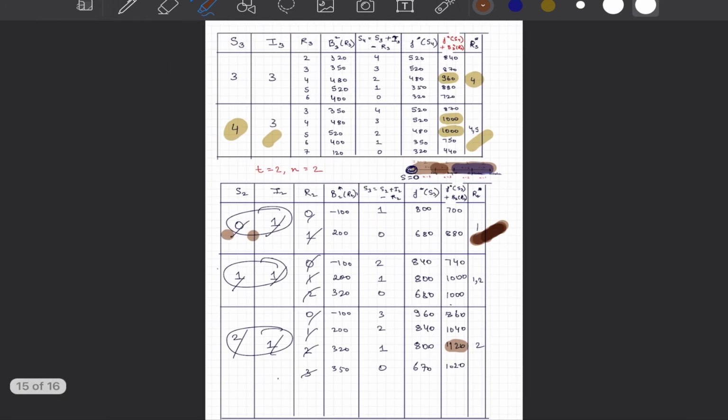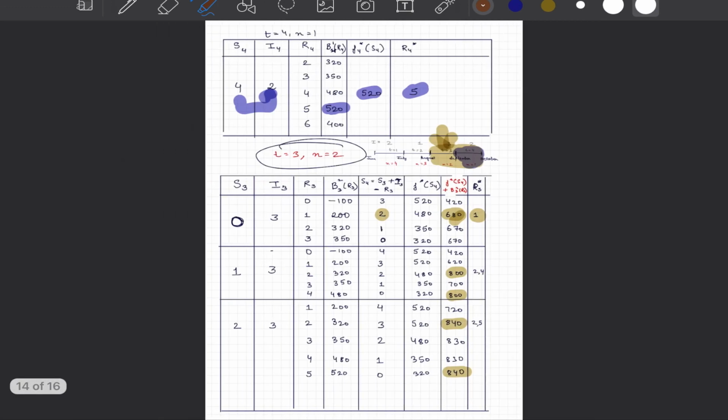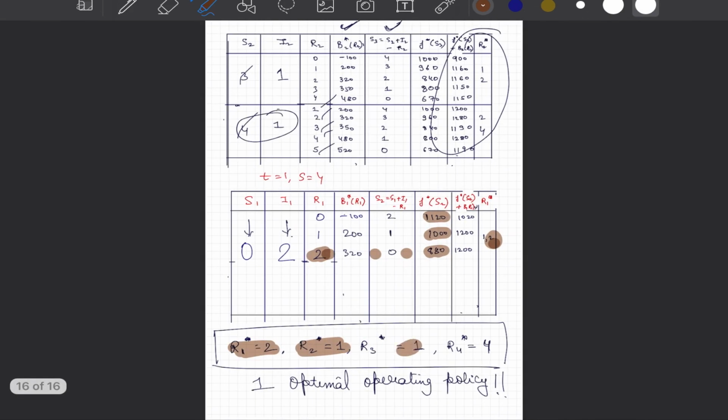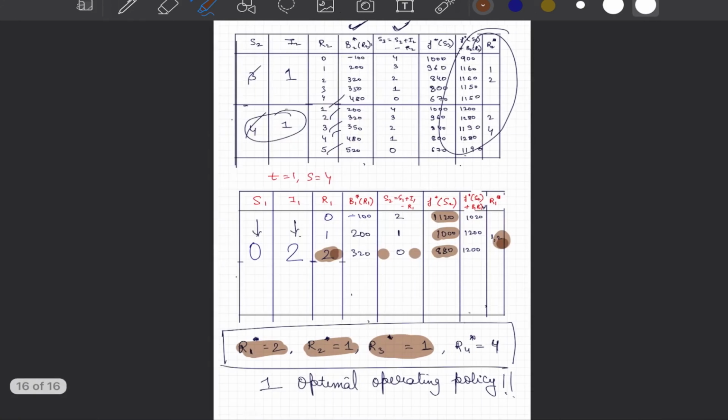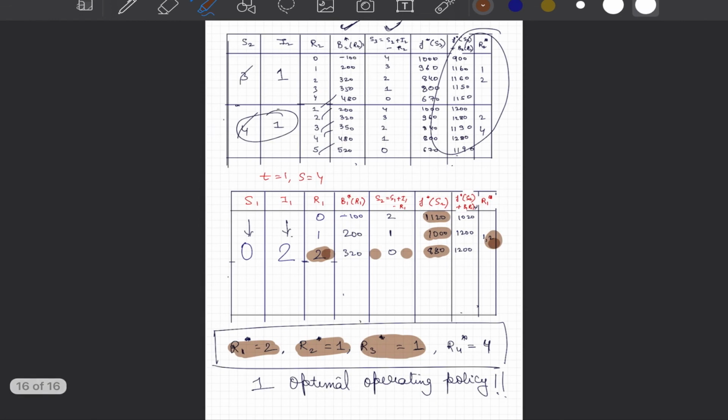And when we make 1 unit of release from here, that means again we have 0 storage at the beginning of period 3. So 0 gives us the solution of 1. So R3 equal to 1. And when this is equal to 1, we end up with 0 here. And if we go backward, this comes out to be not 4 but 3.